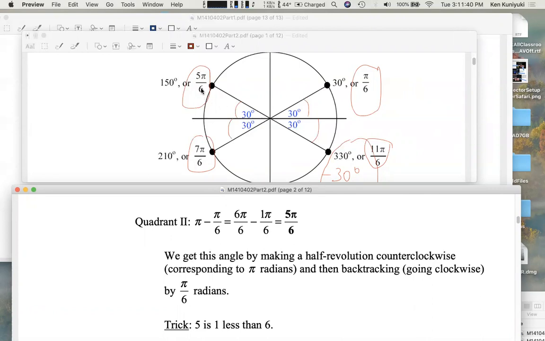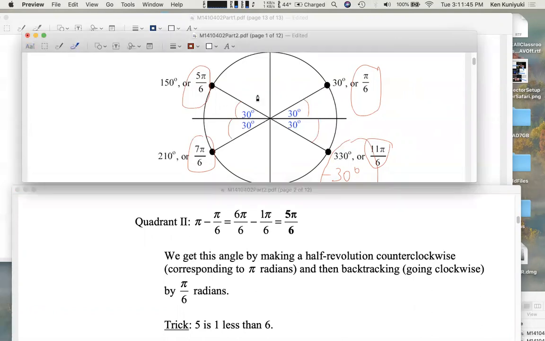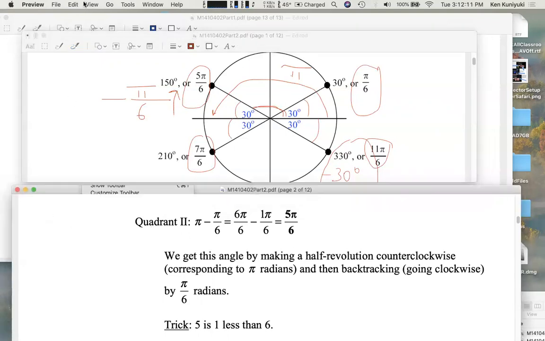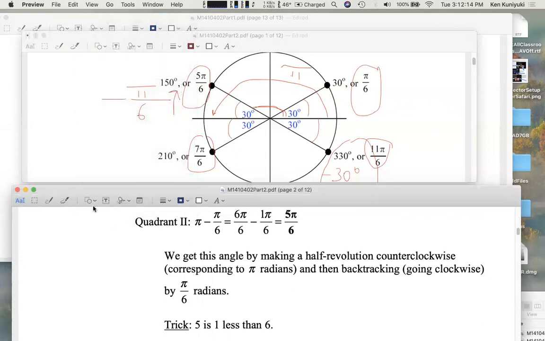5 pi over 6. Why is this 5 pi over 6? Well, how do we get this angle? We go around half a revolution, that's pi radians, and then we backtrack. We go clockwise by pi over 6 radians. We subtract pi over 6. So to get this angle over here, we do pi minus pi over 6.